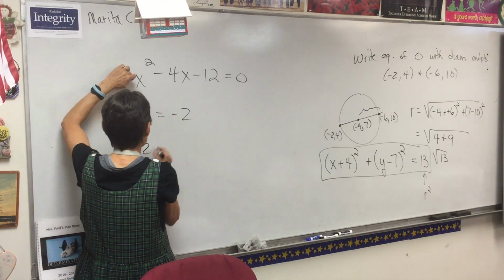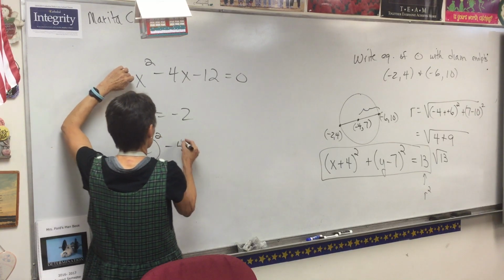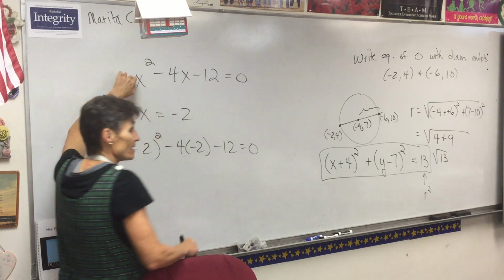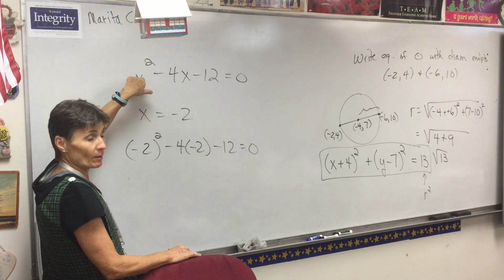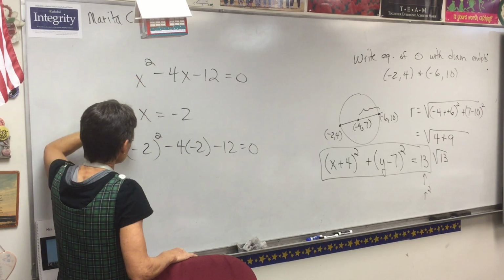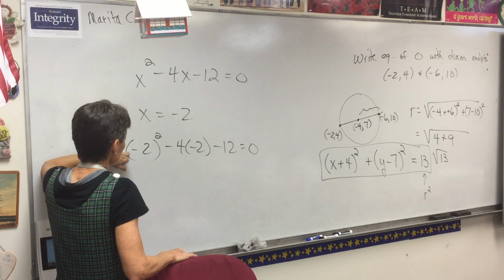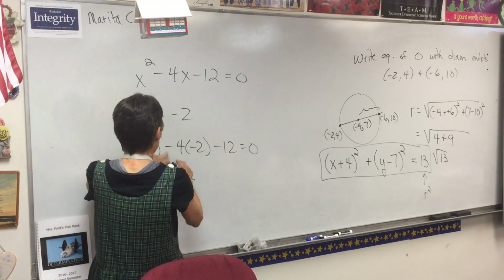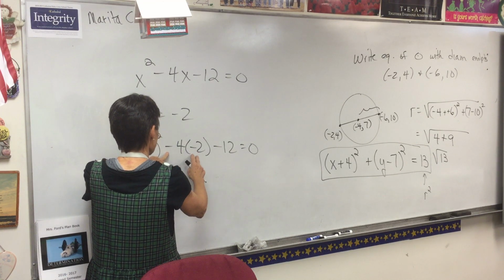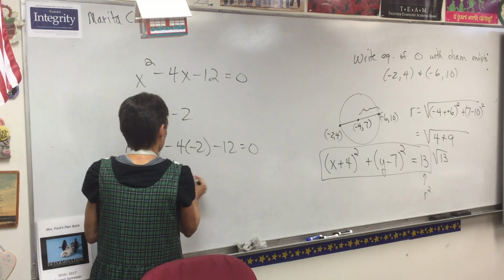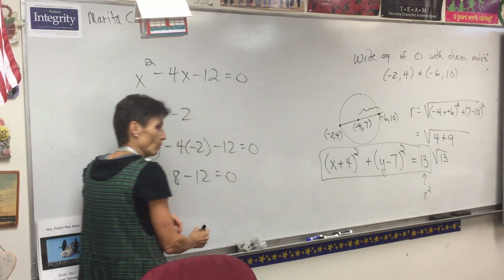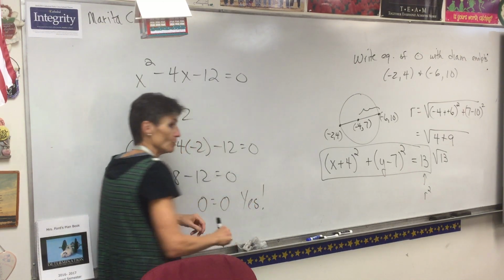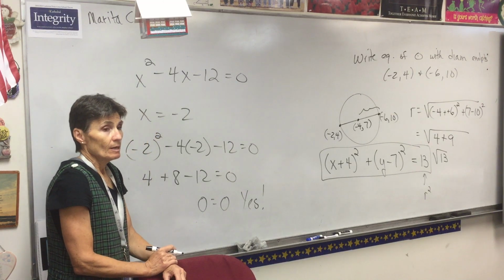If you plug in -2 for all of the x's, if it's a solution, it'll give you 0, right? So let's see. What's -2 squared? 4. What's -4 times -2? 8. Oh, I think it is. Yes, I do.